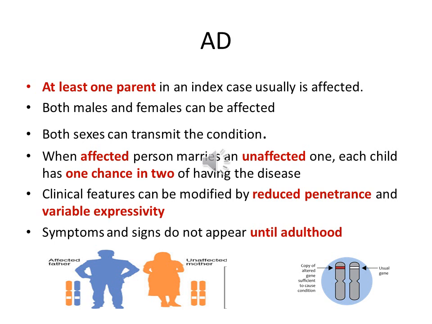Dominant means that a single copy of the associated mutation is enough to cause the disease. Both males and females can be affected and can transmit the disease. It occurs on non-sex chromosomes and at least one parent is affected. Clinical pictures can be modified by reduced penetrance and variable expressivity.